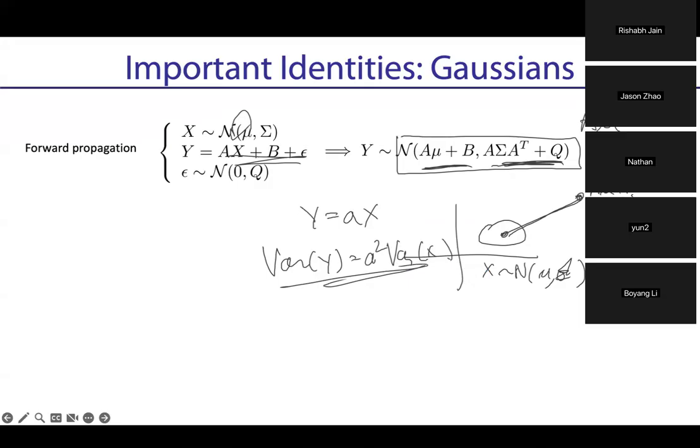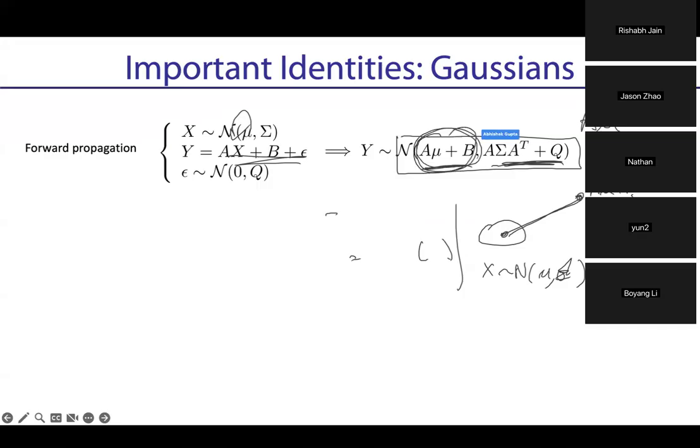And so what the variance here would denote is you move the mean according to the linear function, but you scale your variable by a, which means your variance is going to scale by a squared. So you can think of this as an a squared term, and you added some more noise to your system, which means you're going to add in q.